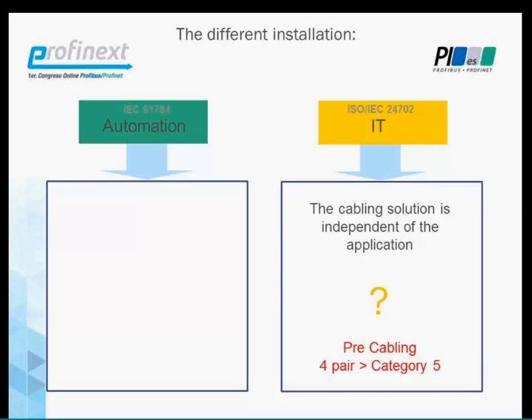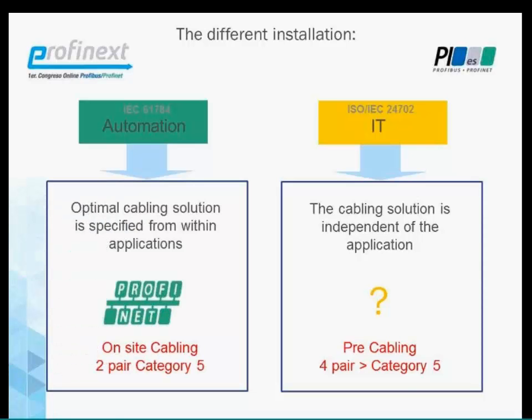In IT, the cabling solution is completely independent of the application, and you have a pre-cabling, and you use the highest category on the market, typically, because you don't know what you will use your installation for in the future. And in automation for Profinet, you have an application-specific installation.